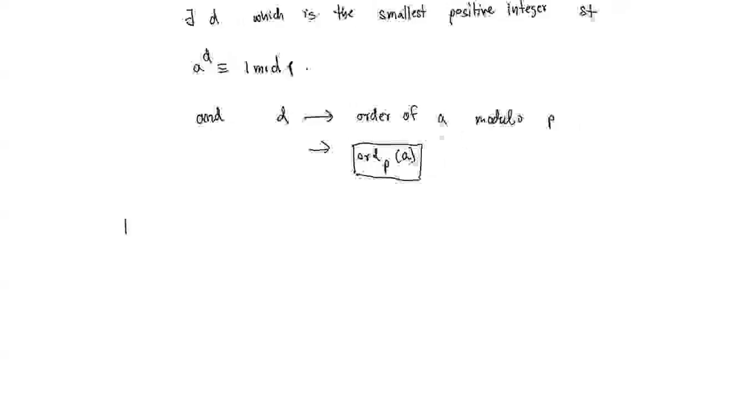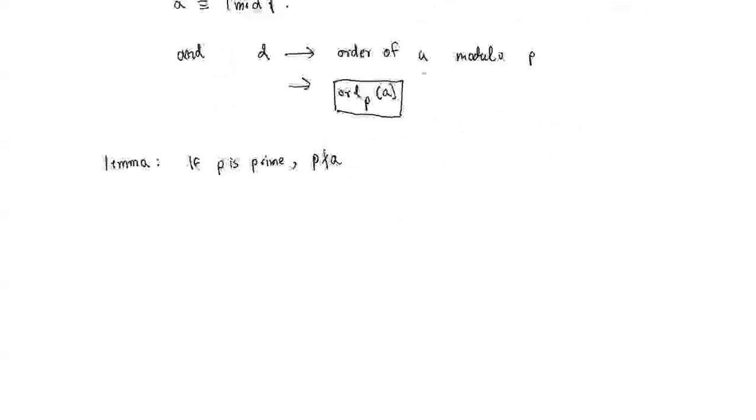So our first lemma of the class is: if p is a prime, and p doesn't divide a, and a to the power n is congruent to 1 mod p, then d divides n.